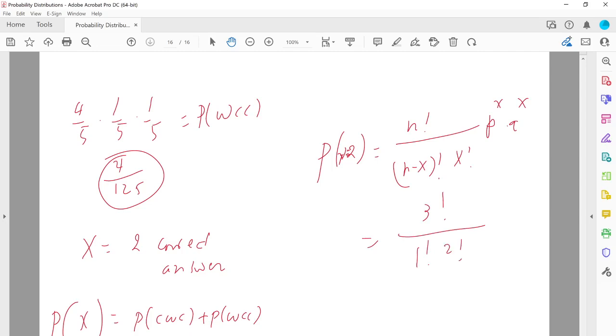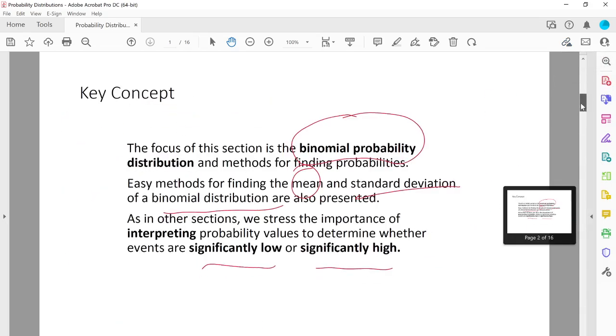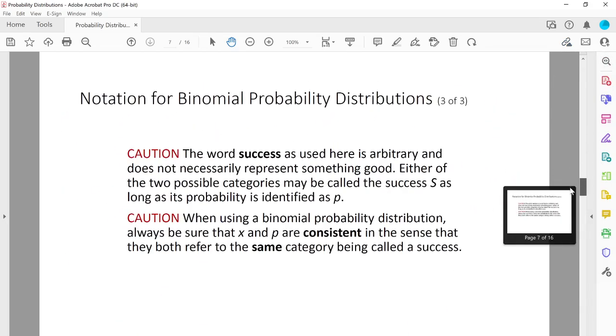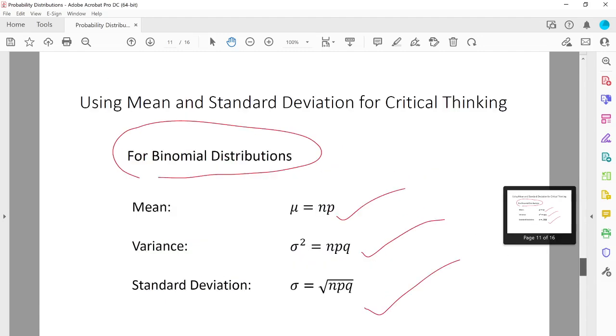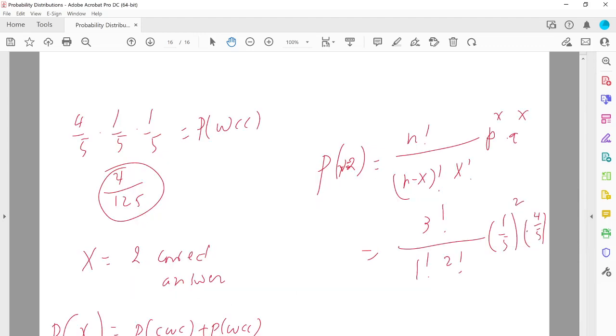The probability of success we have been given is 1/5, and the value of x is 2. The probability of failure is 4/5. Let me double check the formula here. Yes, it's n minus x. That's what I made a mistake on. It should be n minus x, which is 3 minus 2, which is 1.